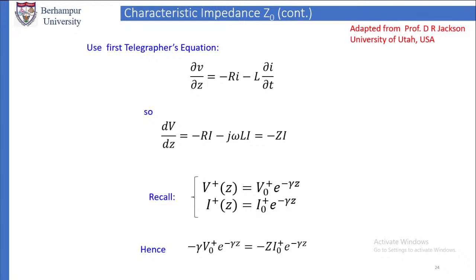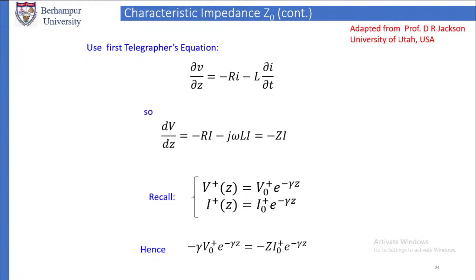All V and I are capital, which means we are not considering the time variation here. Time variation is cancelled out from both the sides. On left side and right side, you will have exponential j omega t, so they will cancel out, leaving only the spatial variation or variation with respect to space. So dV/dz is equal to minus RI minus j omega LI.